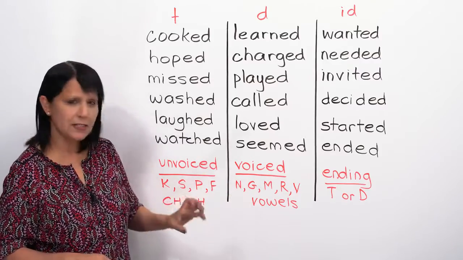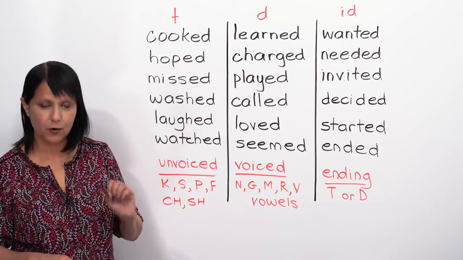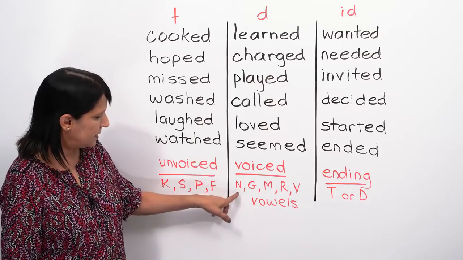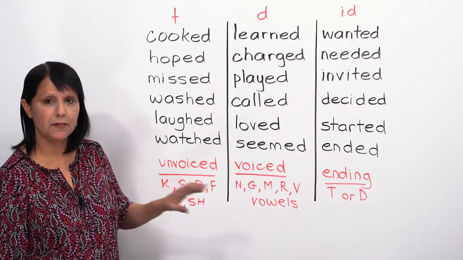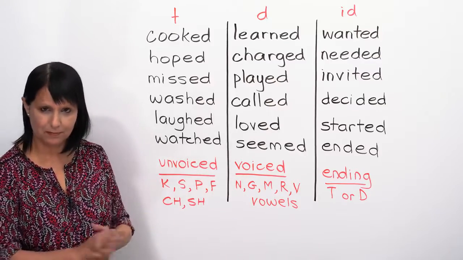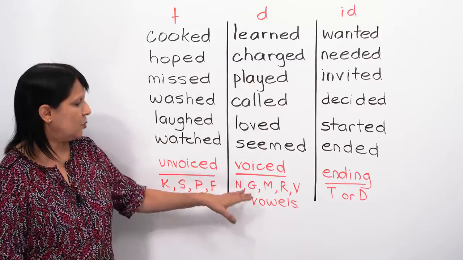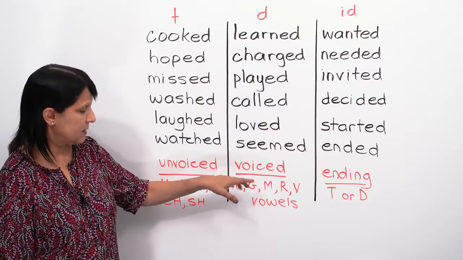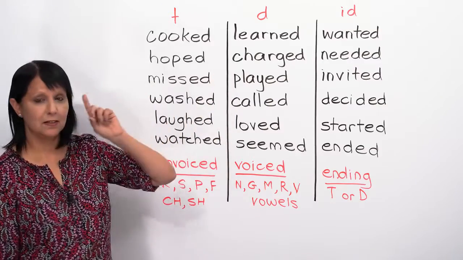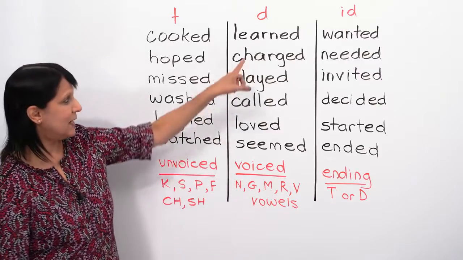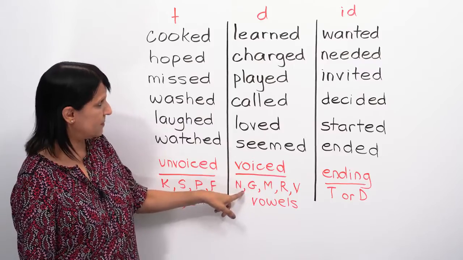Consonants that do that, voiced consonants, are N, G, M, R, V, vowels, and so on. There are more, okay? So when you say these words, words that end with that kind of voiced sound, in the base form of the verb, like learn, right?